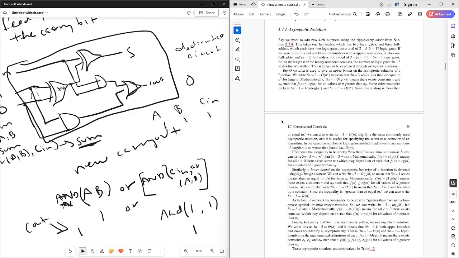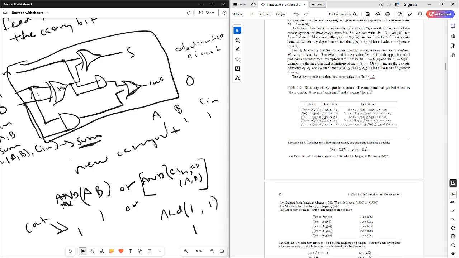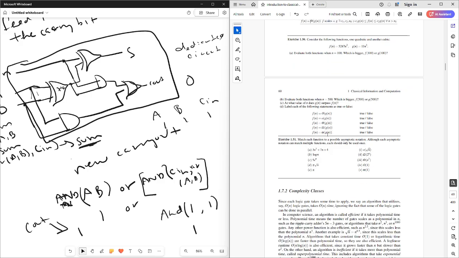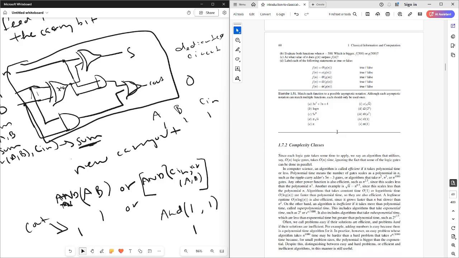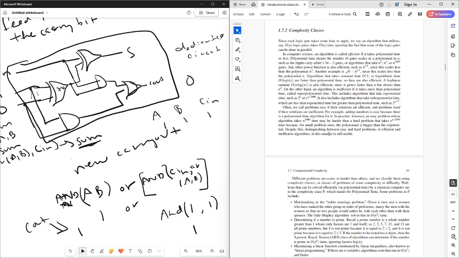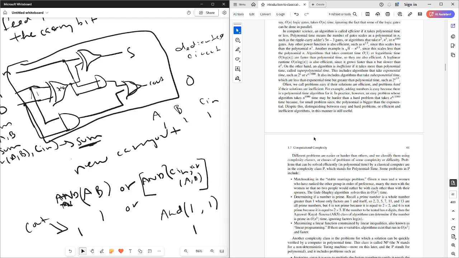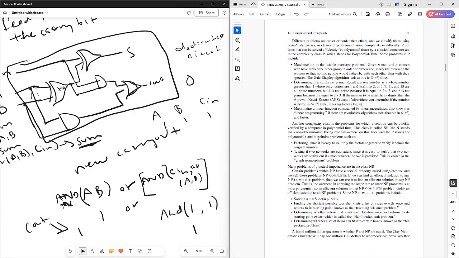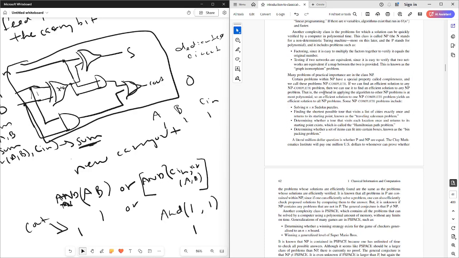So we should all be familiar with big O. I will admit I wasn't really familiar with some of the other ones, but this is all pretty straightforward. Complexity classes. I'm not even going to try to go over all this NP stuff.